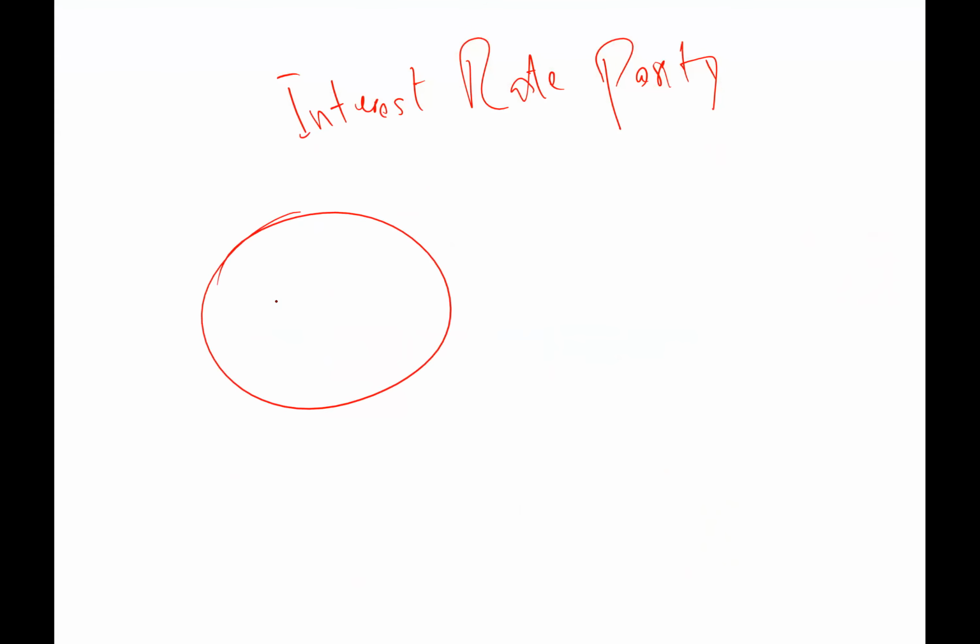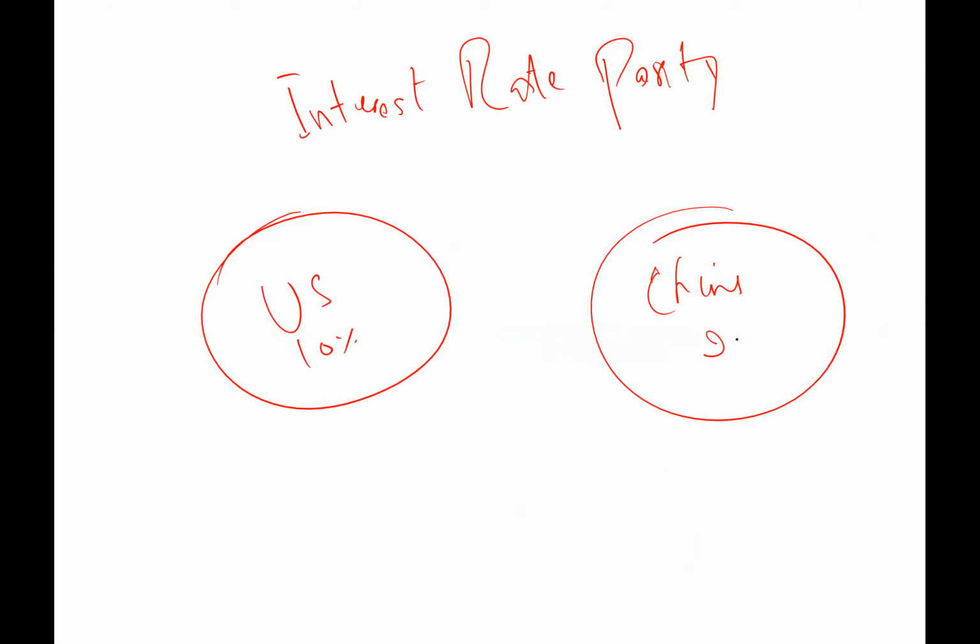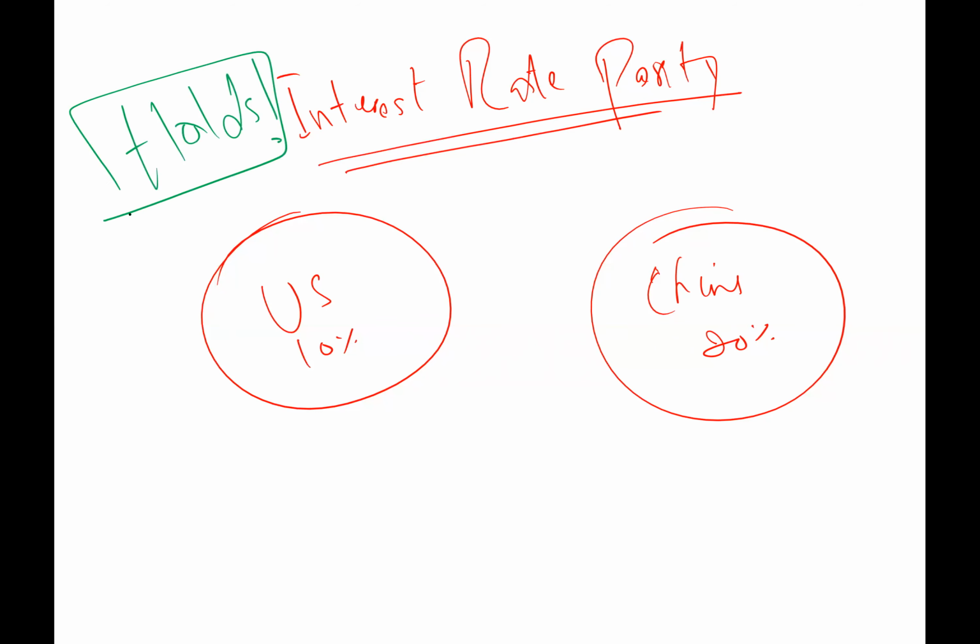So the interest rate parity states that if in the US the interest rate is 10% and in China it is 20%, then if interest rate parity holds, whether you invest in the US or in China, you will end up earning the same.